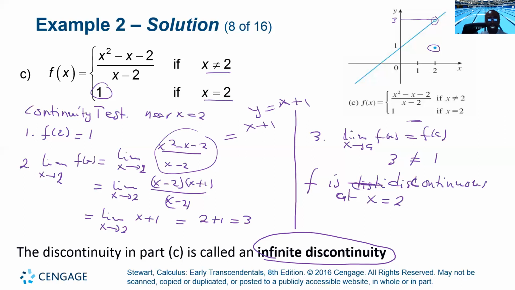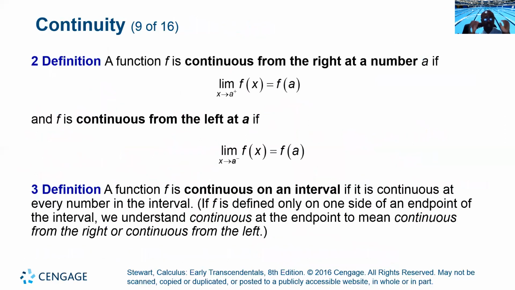Now let's go to other definitions. We can define continuity in terms of one-sided limits. We can say that a function f is continuous from the right if the right hand limit is equal to the function value at a.